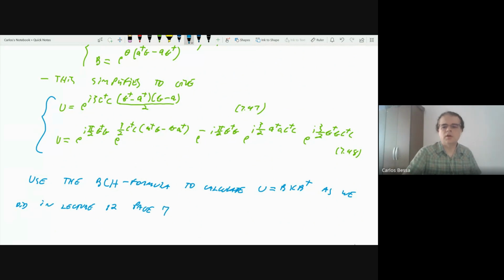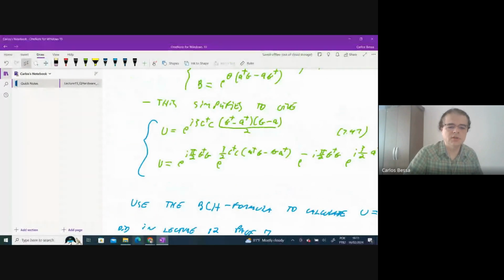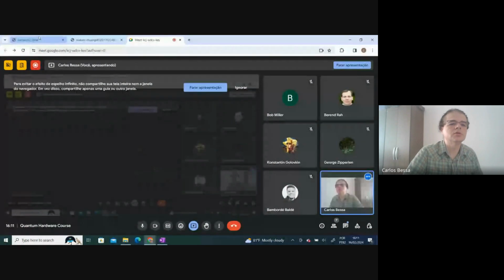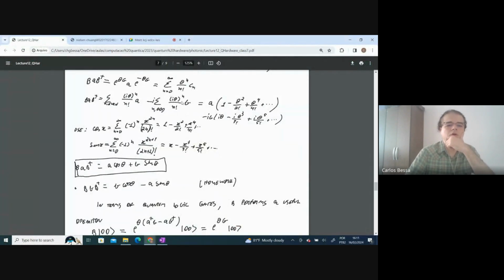Page 7. I have lecture 12 open here, just so you guys see the part that I mentioned, is this. We use the Baker-Hausdorff formula to calculate B, A, B dagger, and we found this expression. And it was a homework to calculate small b and B dagger, and we found this expression.